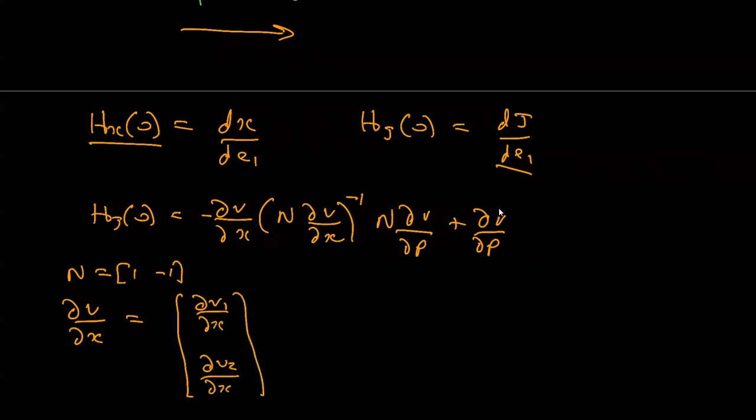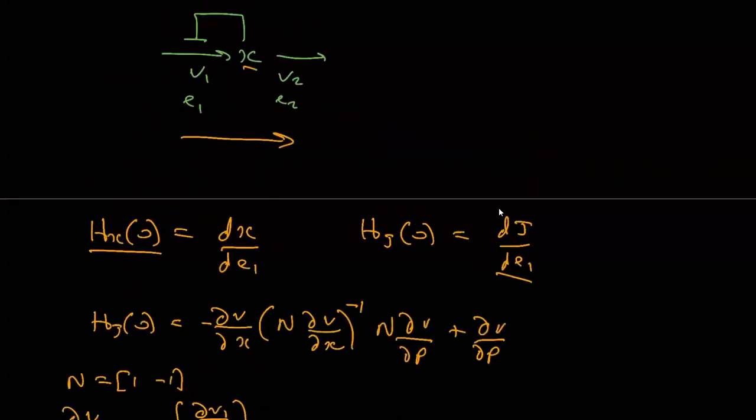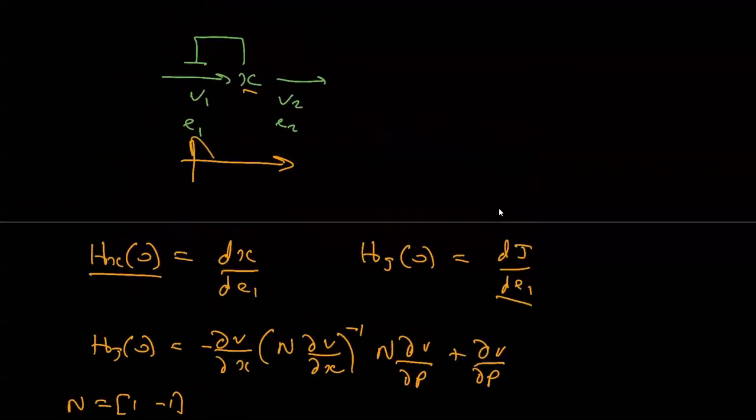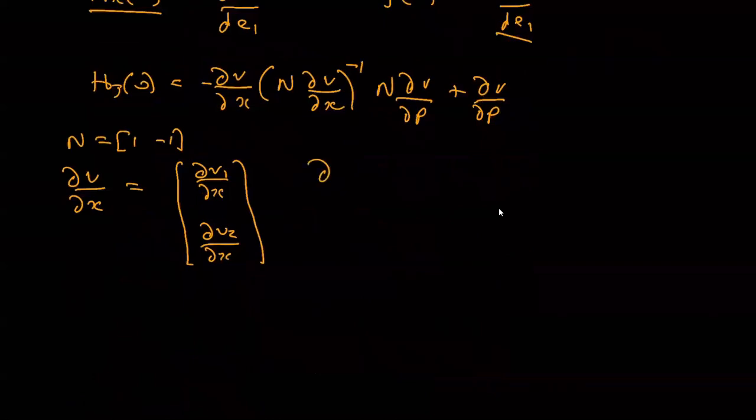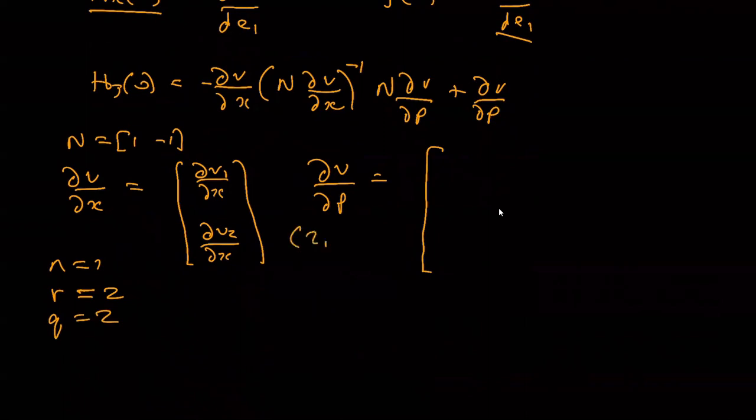Let's assume two inputs to the system, E1 and E2. So the dV/dp: now the number of reactions R is 2, N is 1, Q is 2, and the number of inputs is 2. So this matrix has to be a 2 by 2.